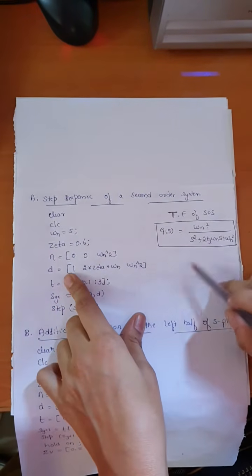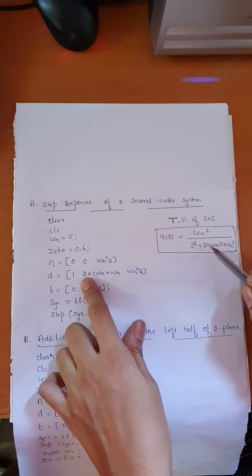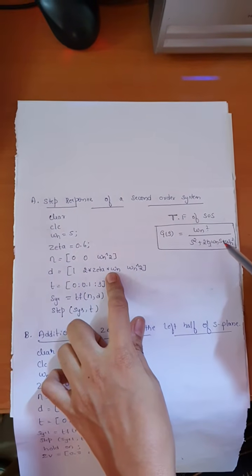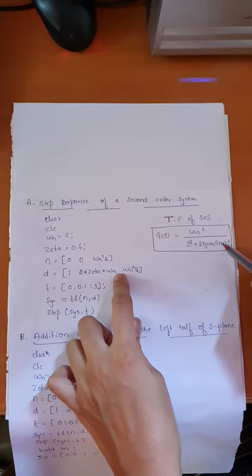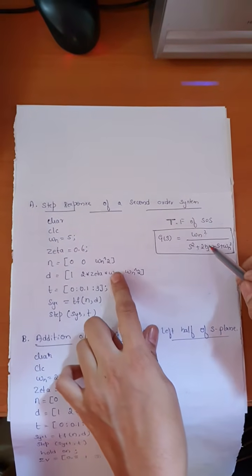Then the denominator will be equal to 1 for s square, then a space, 2 into zeta into omega n, again 1 for s, then a space, omega n square. So this is the numerator and denominator.